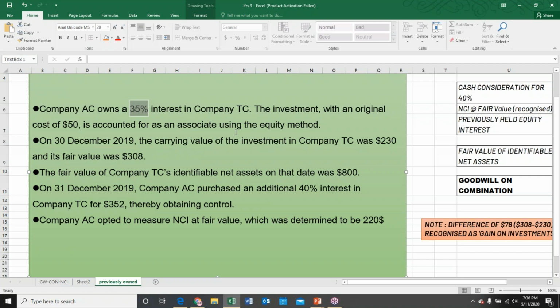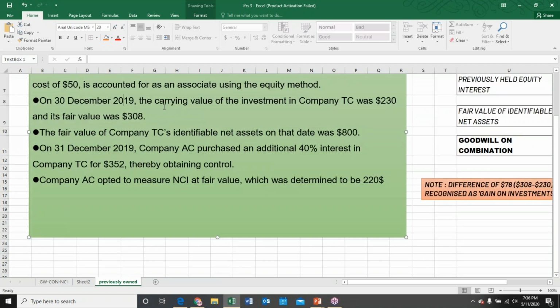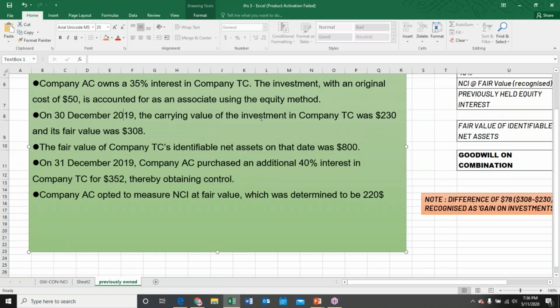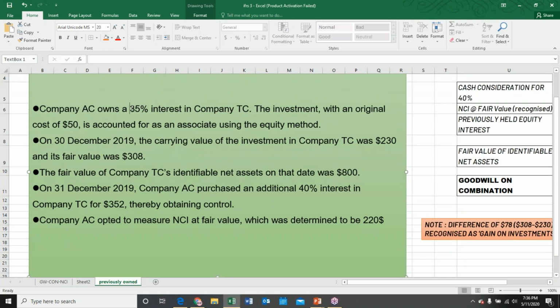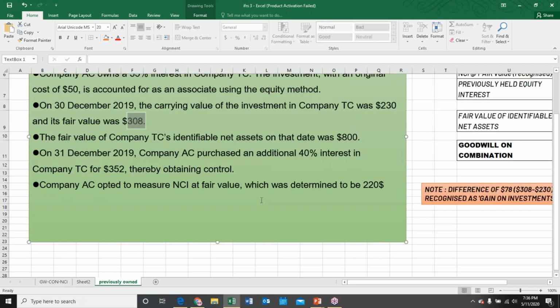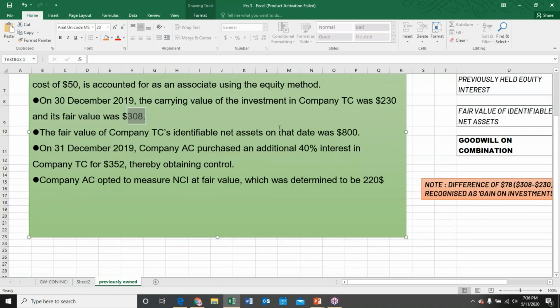Now, on 31st of December 2019, the carrying value of this 35% interest in TC was $230, and its fair value was $308. The fair value of company TC's identifiable net assets on that date, 30th of December 2019, was $800.